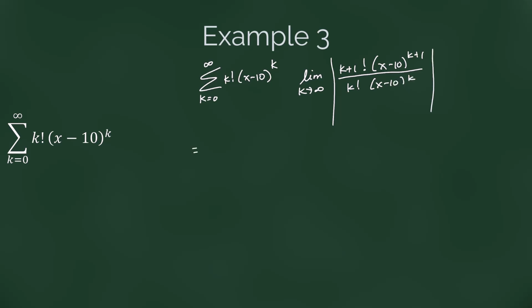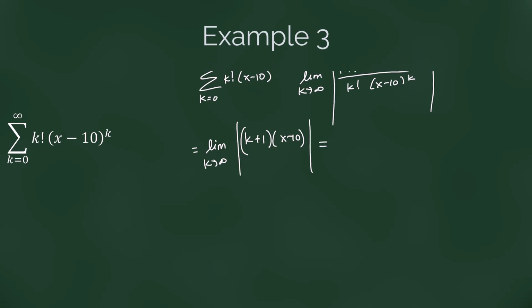The simplification is pretty straightforward, so we're taking the limit as k goes to infinity of the absolute value of k plus 1, times x minus 10. This thing is going to be infinite when x is not equal to 10. When x equals 10, we have this infinity times 0 case. Things get a little weird, so we're going to have to look a little bit harder at this.